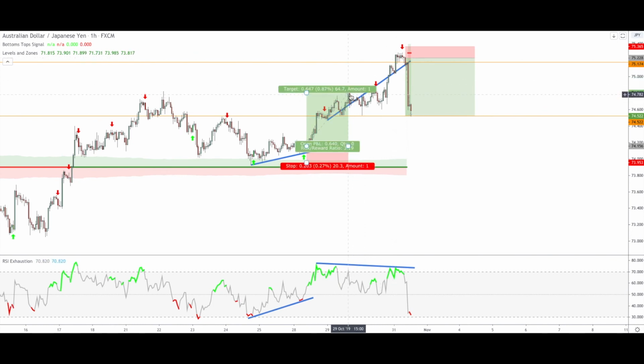Of course, we cannot predict where the price will ultimately go. Like in this case, we were expecting the price to reach at least this target. We couldn't tell from here where the price would have gone next, because we didn't have any evidence in the indicators, in the price structure, of where the price was headed.